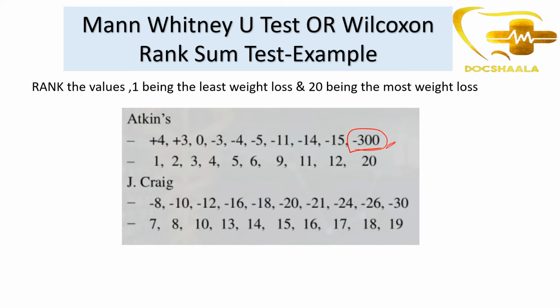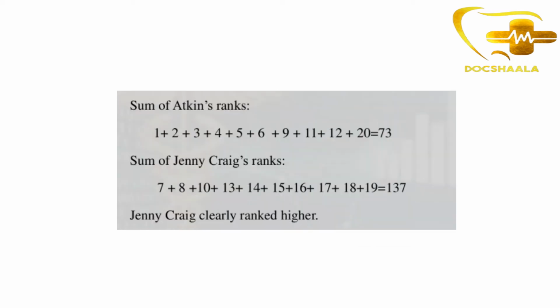So this person has lost the most weight, so he'll be assigned a rank of 20. The least weight loss is someone who has gained more weight. This person, plus 4, has gained more weight, so we are ranking him 1. The remaining people are ranked according to the weights they have gained or lost in the diets. So we have ranked them accordingly.